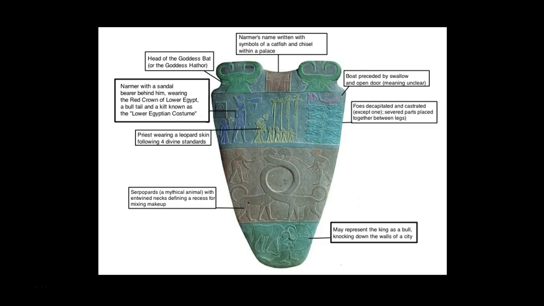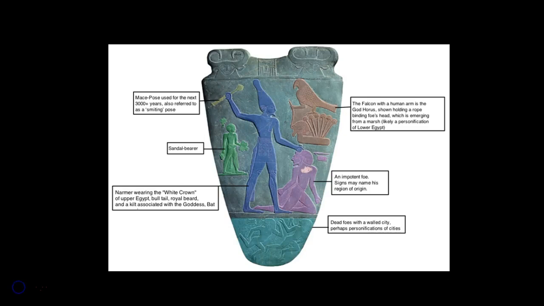The name of the king, written hieroglyphically as a catfish and a chisel within the squared element, which was supposed to be a palace facade, represents the king's name. Again, we see this side too, and again, a nice little chart laying out the different meanings and interpretations of what these icons represent.